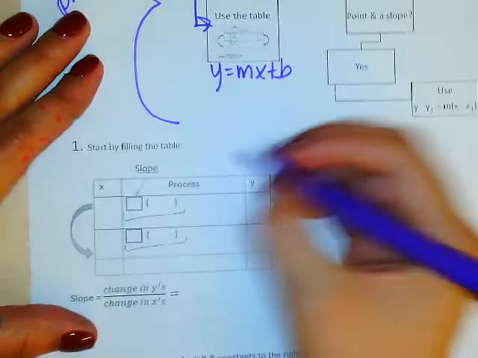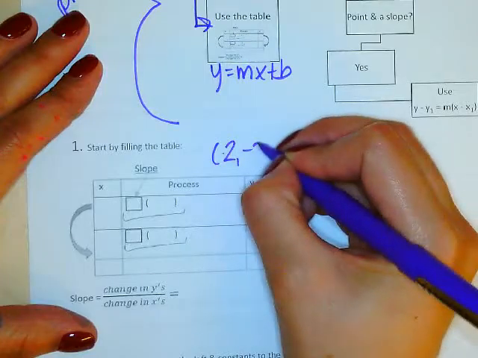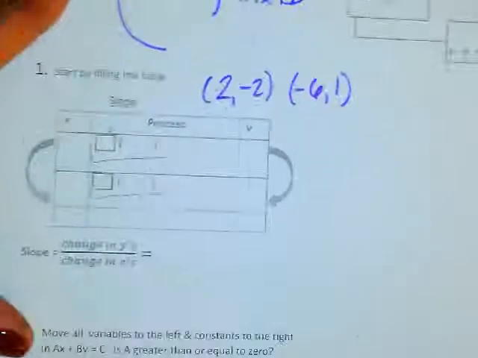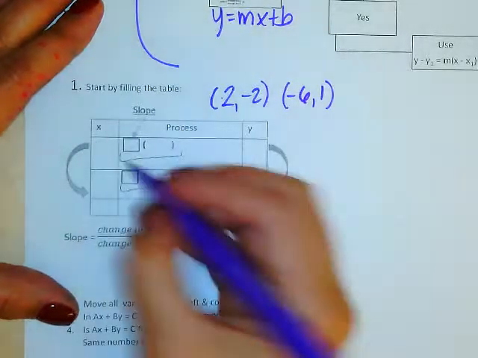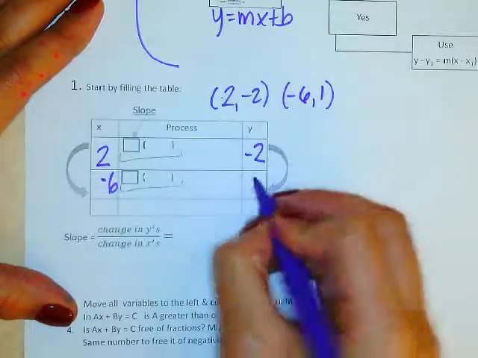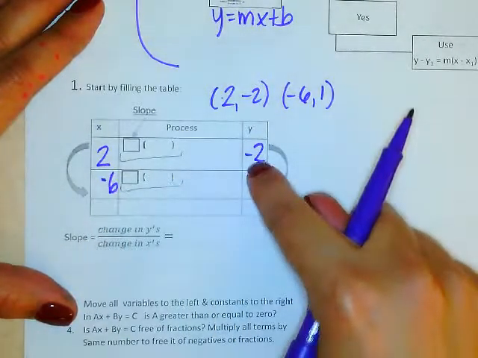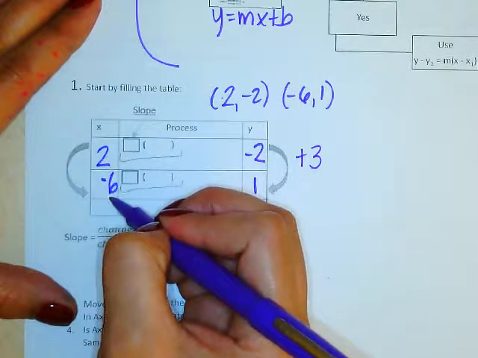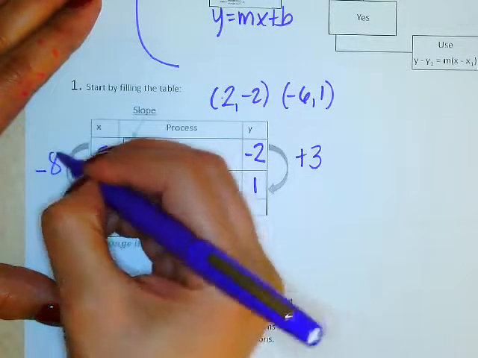So that's what I'm going to do. I'm going to go over here, and the points that they gave me were these. So I'm going to put them on the table and get that equation. So I have 2, -2, -6, and 1. From -2 to 1 would be +3, and from 2 to -6 is -8.